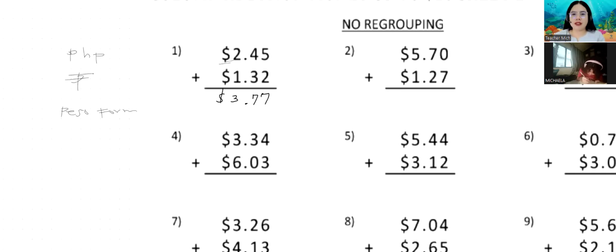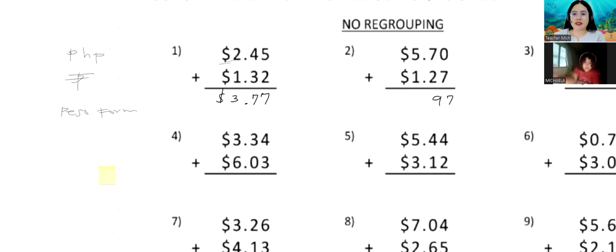Okay, another one. We have here 0 plus 7, that is 7. 2 plus 7, that is 9. And then what's next, anak? We need to copy the decimal point.